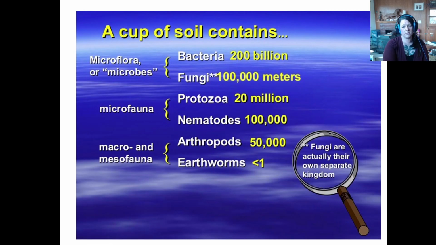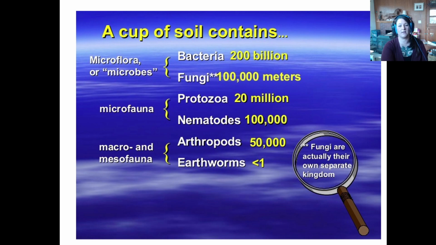A cup of soil contains 200 billion bacteria, 100,000 meters of fungal hypha, 20 million protozoa, 100,000 nematodes, 50,000 arthropods, and earthworms are a little less than that because they're macro.